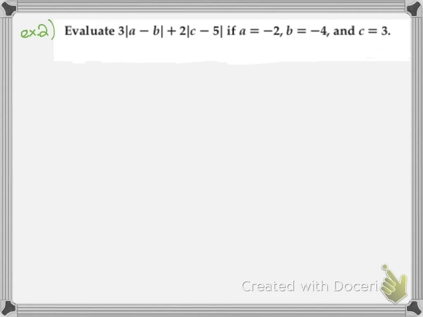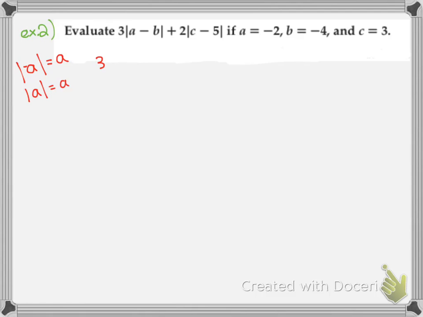Our last example has absolute values, and you should already know this, but the absolute value of a negative number is always positive, and then the absolute value of a positive A is still just positive. Okay, so absolute value signs take a negative and make it a positive. Alright, so let's go ahead and evaluate this.